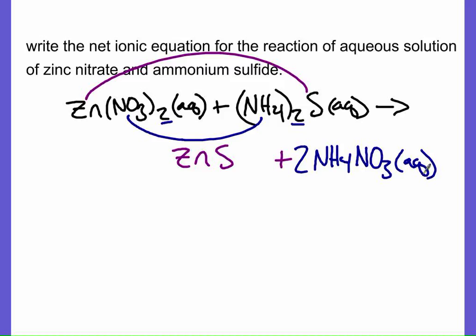It's zinc instead. So I know that that is going to be my precipitate. That is what was reacting, right? That's the only thing that went through a change. The zinc and the sulfide, they were originally aqueous, now they're solid, they're precipitate. So that's all you're going to need in your net ionic equation.